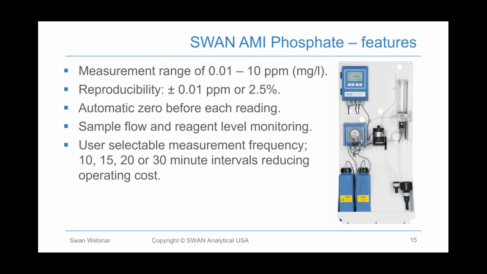With our analyzer, you can push that measurement interval out. And what does that do? That saves us reagents. We can push the measurement interval out to something that tells us the information we need, but we don't get more data than we need. We reduce the amount of money we spend on reagents, and more importantly, the time it takes for somebody to go out there and change it, which tends to be much more expensive than the reagents themselves.